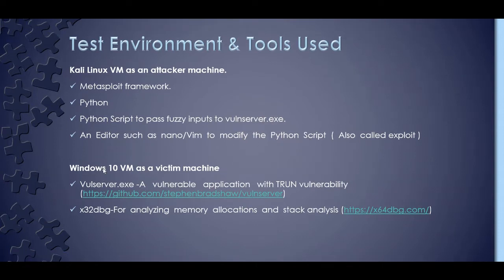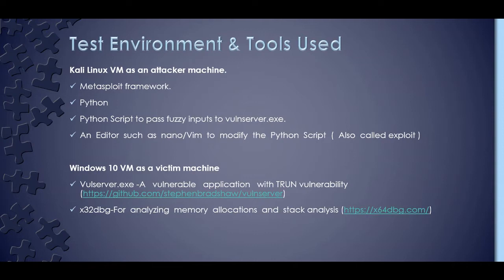Then a Windows 10 virtual machine as the victim machine. You can download this vulnserver, and then the debugger. The debugger we are going to use is x32dbg, but you can get it from the x64dbg website directly.